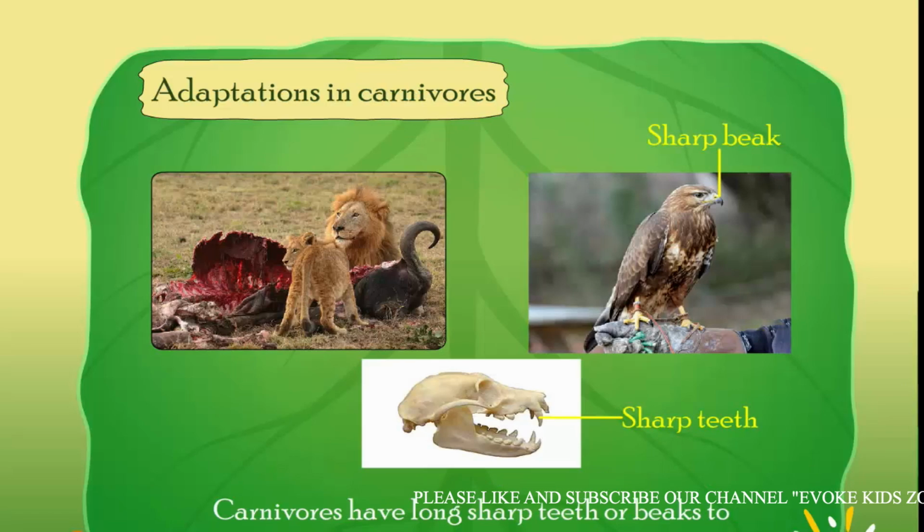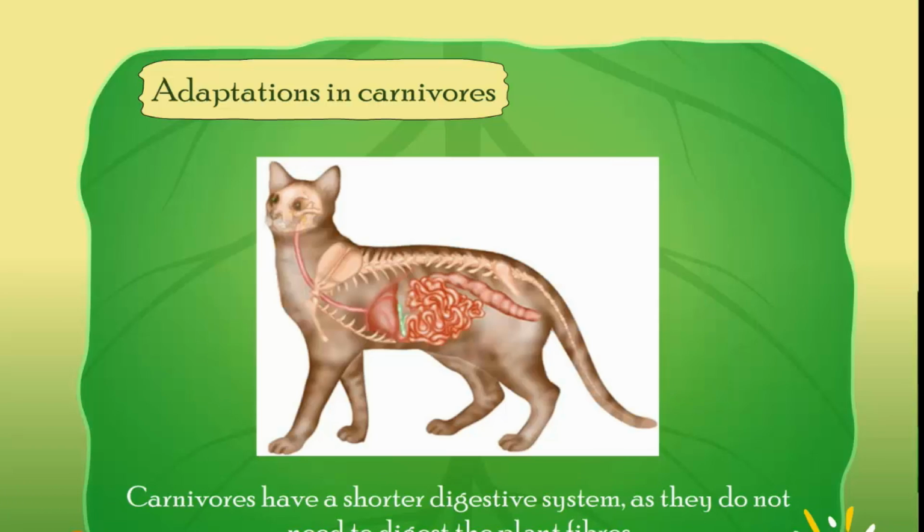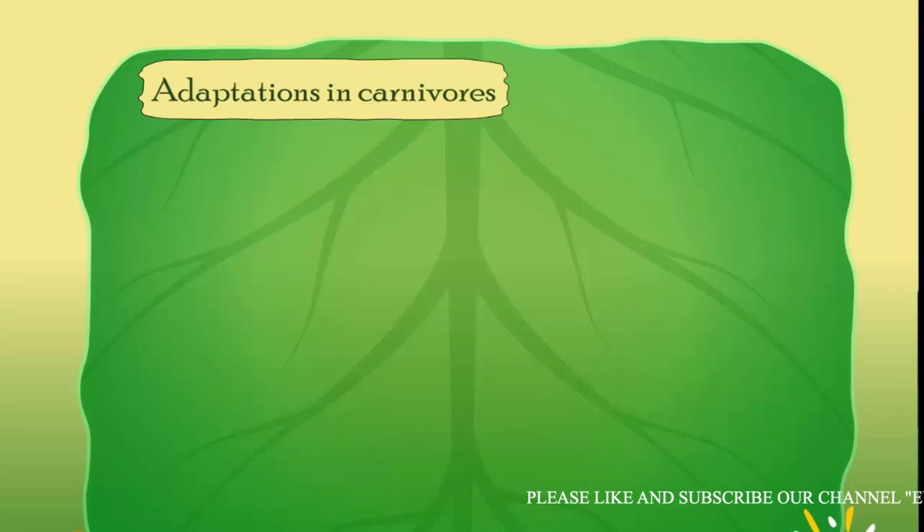Carnivores have long sharp teeth or beaks to tear flesh. Some carnivores need to run very fast to catch their prey. Such animals have very strong legs. Carnivores have a shorter digestive system as they do not need to digest the plant fibers.